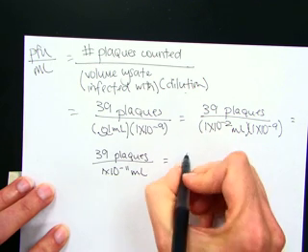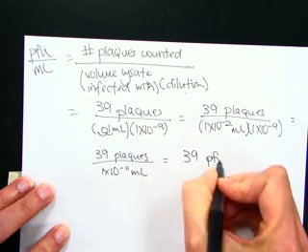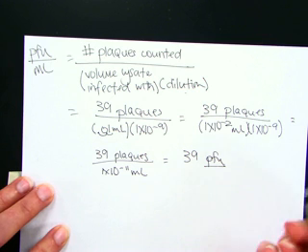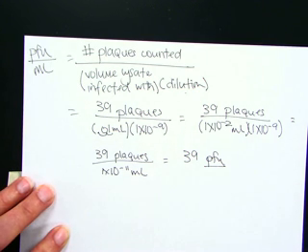Oh, you guys, I should have been writing this as plaque forming units. Okay, so 39 plaque forming units, not plaques, because we're not really accounting for the number of plaques in our tube, which is 0. We're accounting for the number of phage particles that will cause plaques. And so this is supposed to be plaque forming units and not plaques.